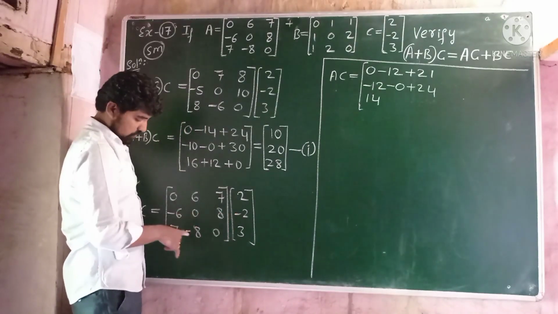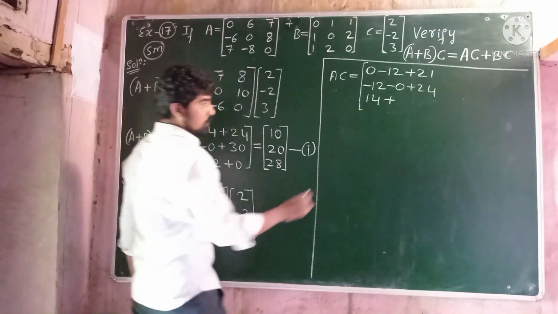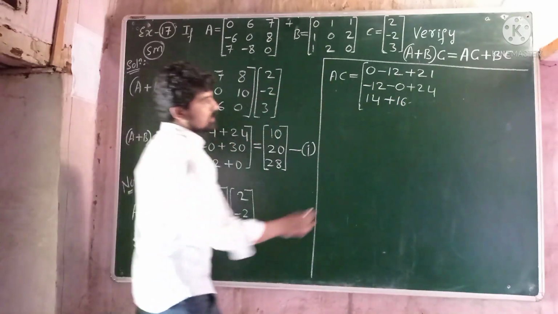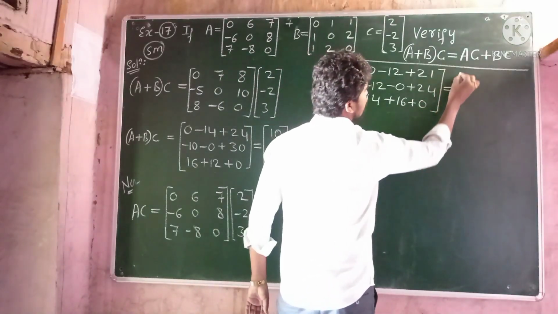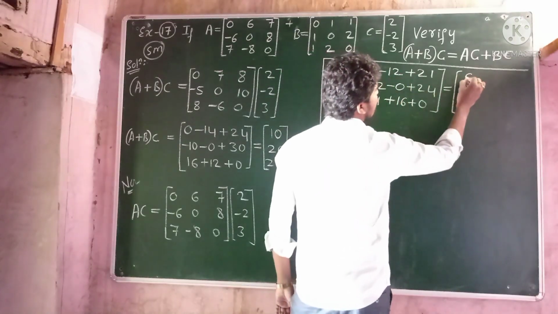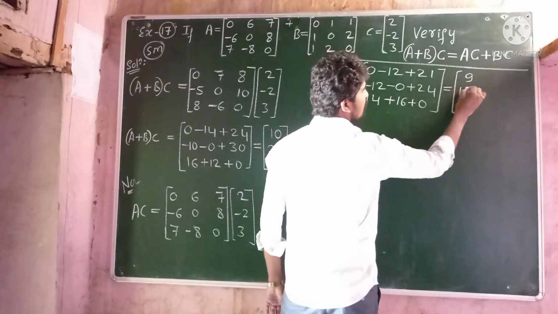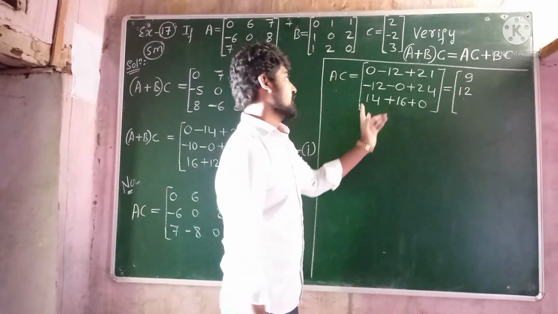Minus 8 into minus 2, minus into minus plus, 8 into 2, 16. And then 0 into 3 is 0, which is equal to 21 minus 12, 9. 24 minus 12, 12. 14 plus 16, 30.